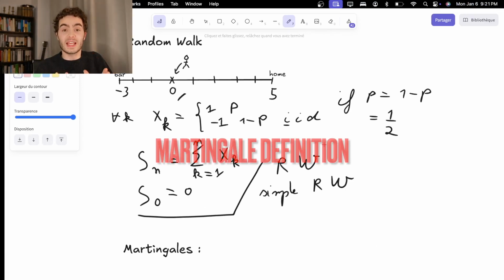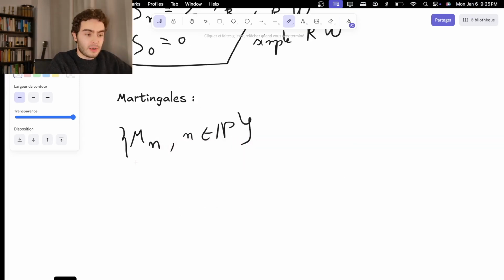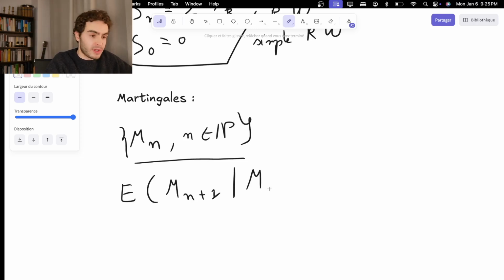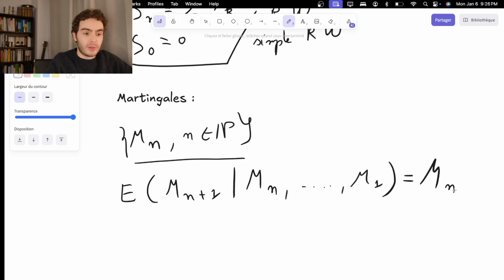Let's now define the concept of martingales. A martingale is a stochastic process, that is to say a sequence of random variables for which the conditional expectation of the next value, here Mn+1, knowing everything which happened in the past, so Mn up until M1 or M0, it depends, is equal to the present value.